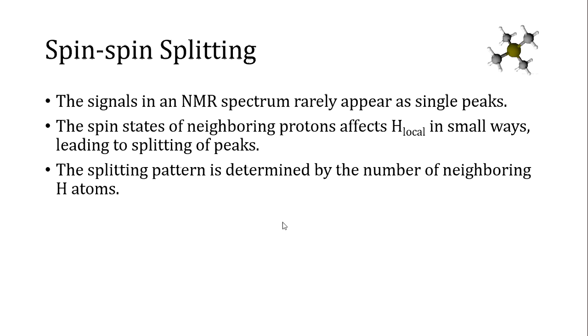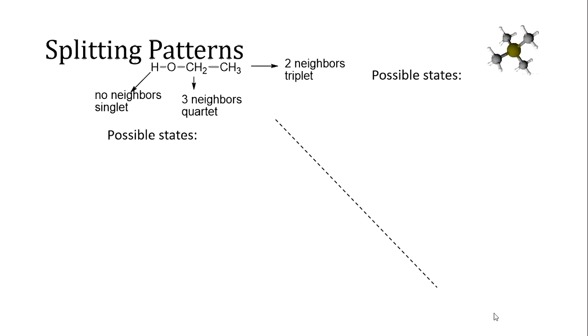And then depending on the number of hydrogen atoms that are neighboring, you can generate a predictable pattern of up and down. So now we're going to talk about how those splitting patterns can be generated. We're going to use ethanol again, and I've condensed down the structure so that it can fit on the page. On each type of hydrogen atom in the structure of ethanol, I've indicated the number of neighbors that that hydrogen atom has.